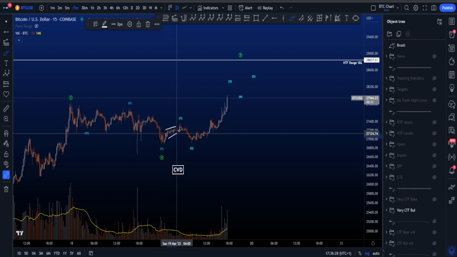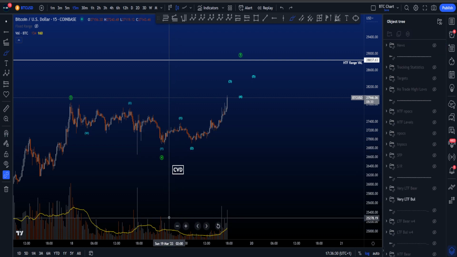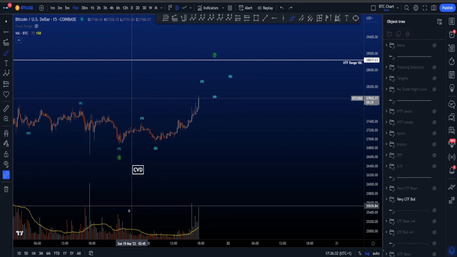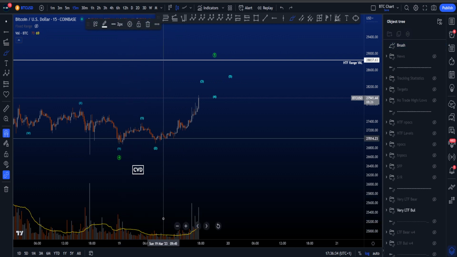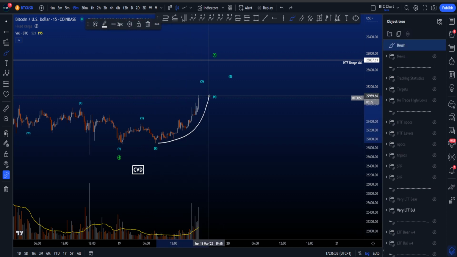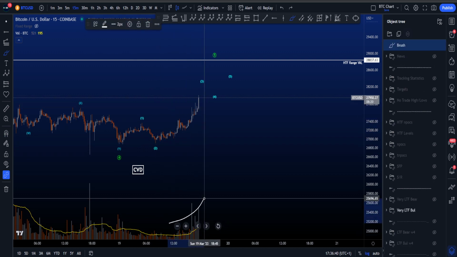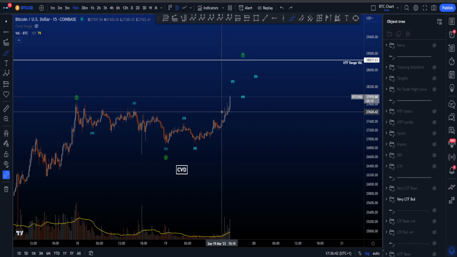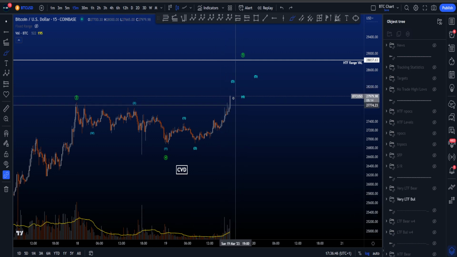However, one could say this could have been a diagonal, and in a diagonal, wave 1, the volume is decreasing, very important. Then we have wave 2, always low volume, and then inside this wave 3 you can see volume is increasing, which is a signature, let's say, for a potential wave 3, where the volume is increasing, which is a bullish sign, of course.